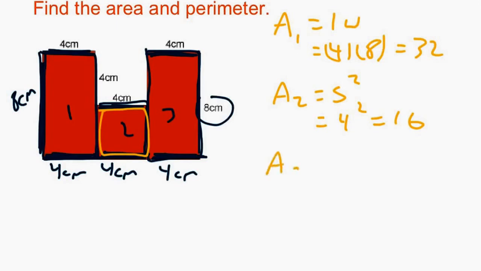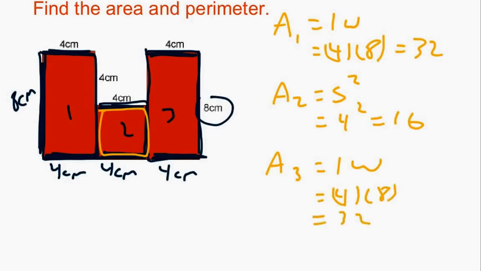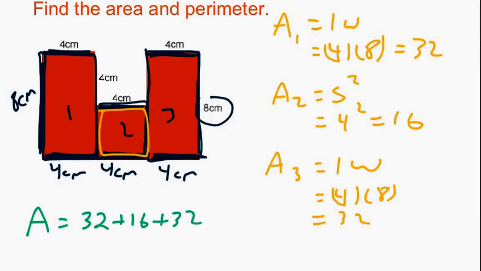And then the area of rectangle 3, length times width, is also 4 times 8, like the first one, 32. So if I want to find my total area of this U-shaped figure, I can just add those 3 areas up, 32 plus 16 plus 32, 48, 80, and it was centimeters squared. All right, so that's the area.